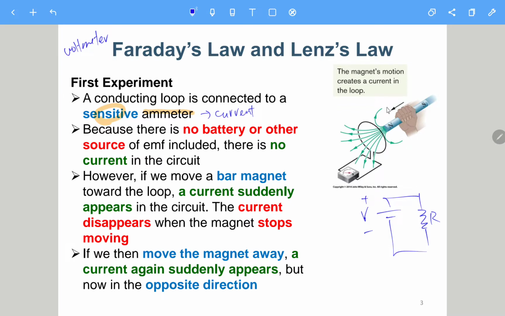We put this one close to this coil, then there will be current. But even if we hold the magnet bar here without any movement, then we don't have current. And then if we move it away, there will be current, but in the opposite direction. So it relates to the movement, but not the existence.